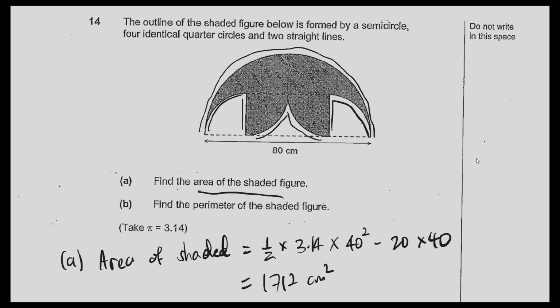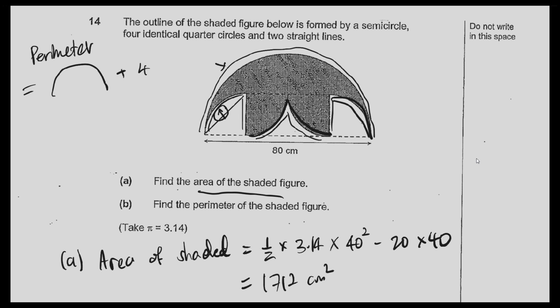It looks like we have to do quite a lot, but we realize that the perimeter is just the perimeter of the large semicircle plus, when we carefully examine this perimeter and look at this arrow, we realize that this is identical to this perimeter and this perimeter, because they're all the perimeters of a quarter circle.